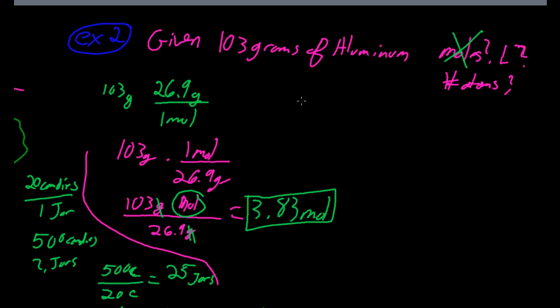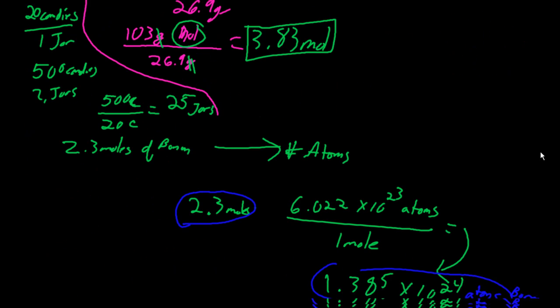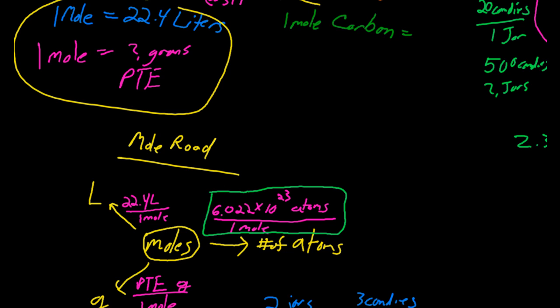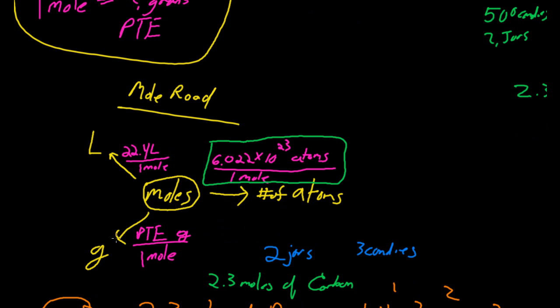With 103 grams of aluminum, how many liters are there? Well, if we go back to our mole road over here, we see that you can go from grams to moles. By the way, all these are double-sided. You can go from liters to moles and grams to moles.